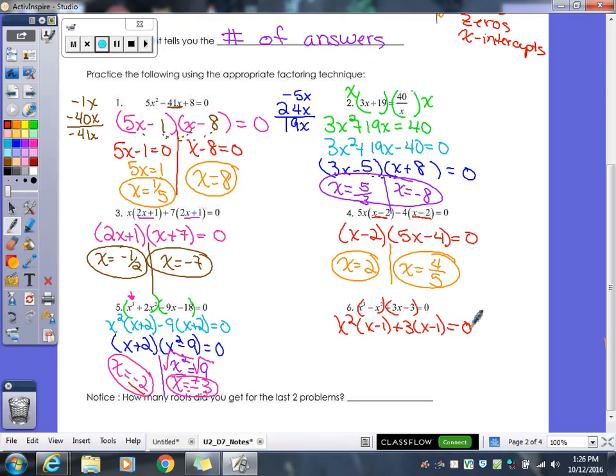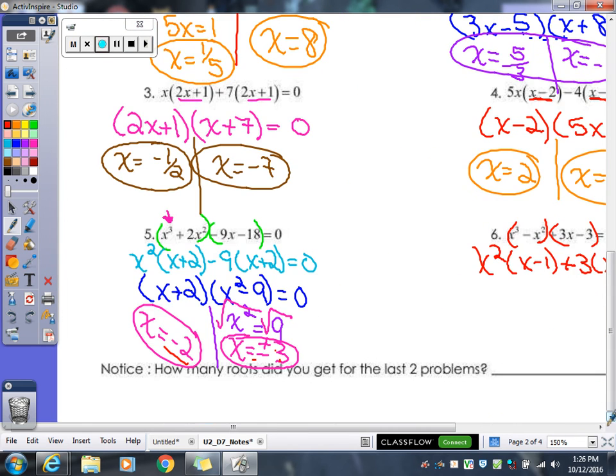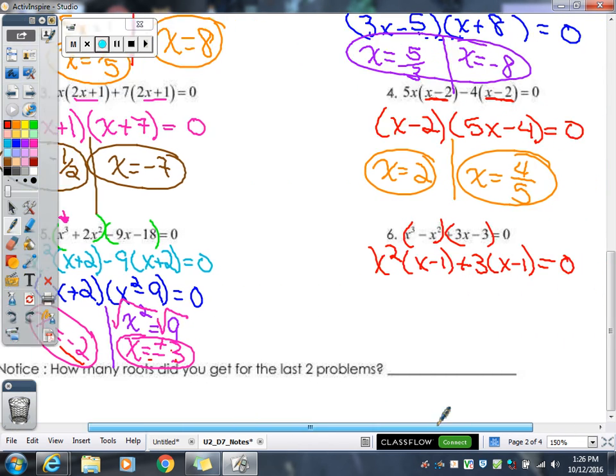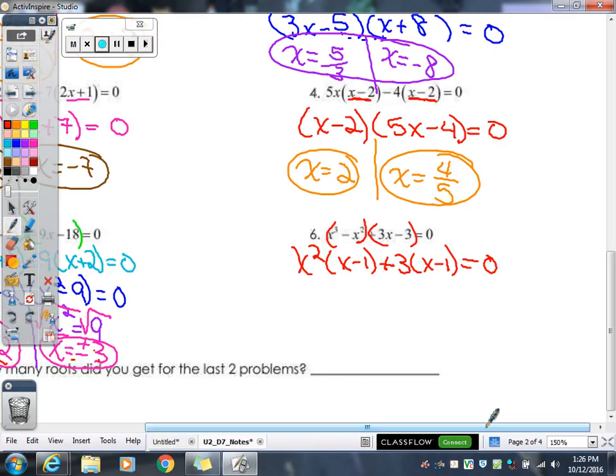So I'm going to make this bigger to try to move it up for the people in the back. So our binomial GCF is x minus 1. And then inside the other parentheses are x squared plus 3.